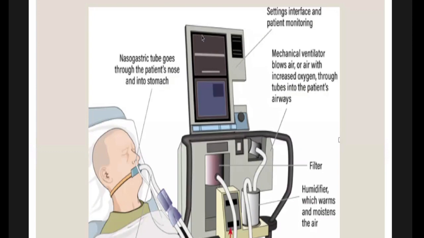So this is the interface of the ventilator, and there are a lot of buttons underneath, and with that we can set up our parameters here, and we can see how much the patient gets on the top horizontal bar. Whatever we set up will be appearing on this screen, and whatever the patient is getting will be seen on the top screen.